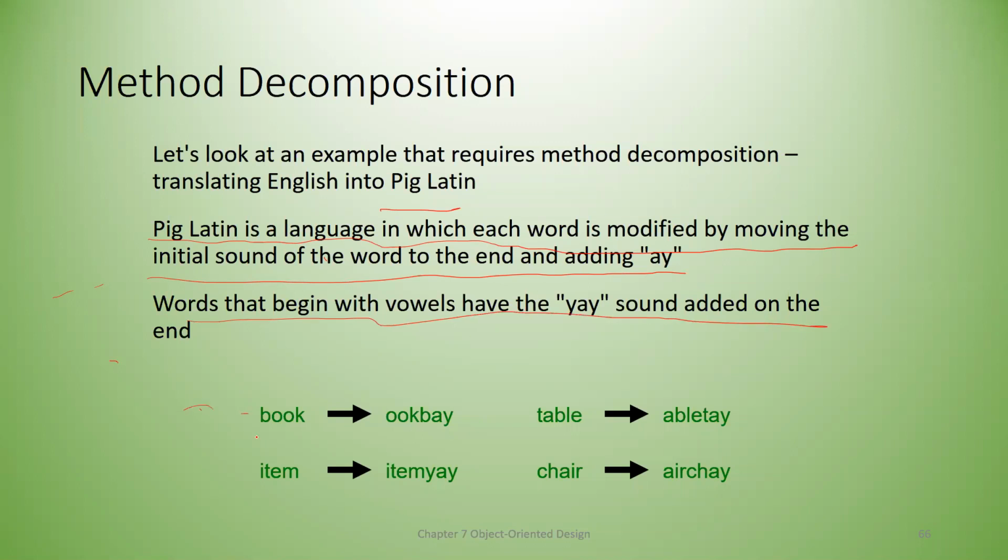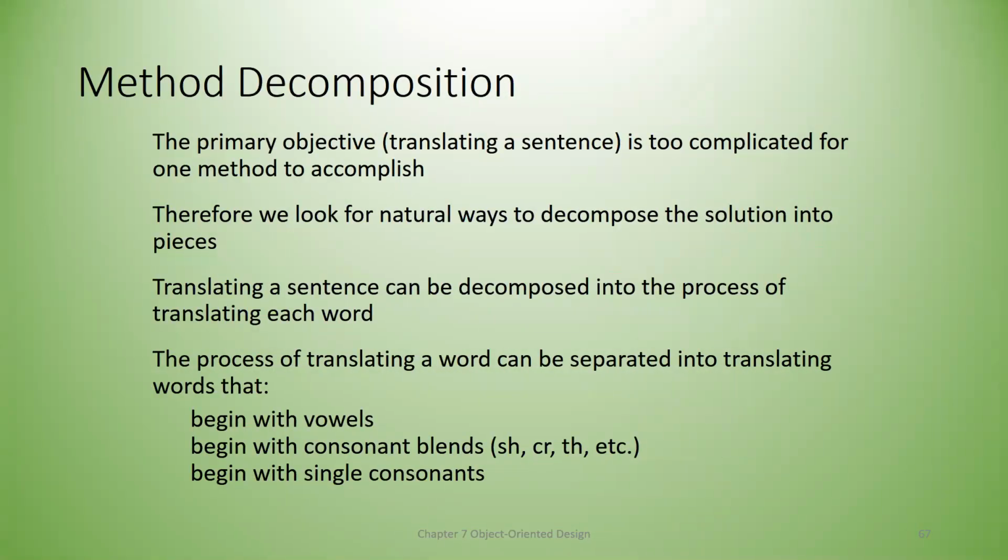Here is book, not a vowel, so you move B to the end and add A. This one is a vowel, so you add yay to it. This is a consonant cluster, you move it to the end and add A. That's the rule. So how do you achieve method decomposition?